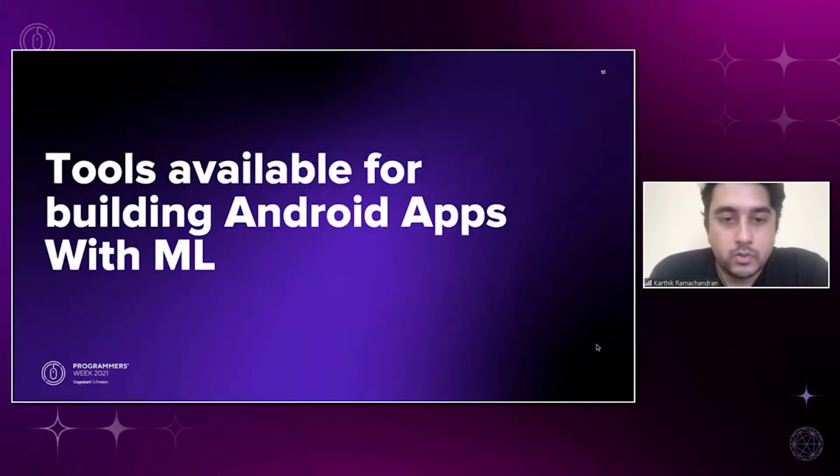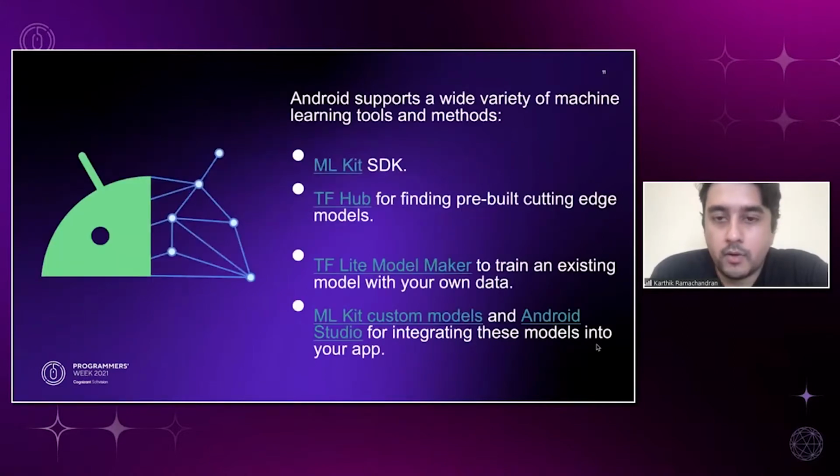As far as Android app development is concerned, there are a lot of tools which are there for bringing machine learning into play. We have things like the ML Kit SDK, which I'll be covering quite a bit. There are things like TensorFlow Hub and TensorFlow Lite Model Maker, and also you can create custom models and add them to your Android Studio projects.